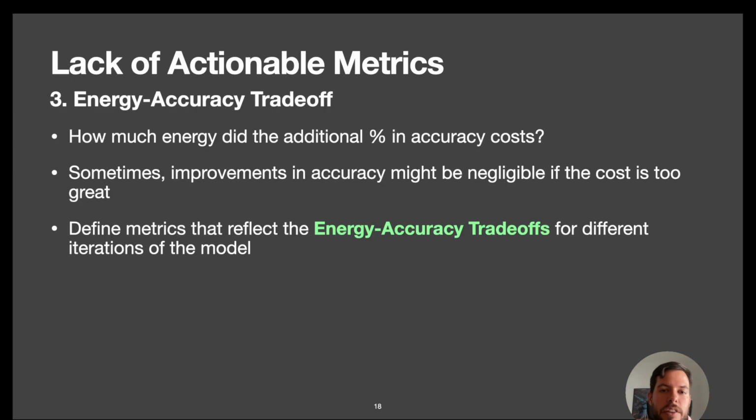These improvements might be negligible if the cost is too large, and it might be better to keep a slightly lower accuracy in exchange for a much better energy efficiency. So the idea of this research direction would be to define metrics that can reflect these energy accuracy trade-offs between different versions of the model.